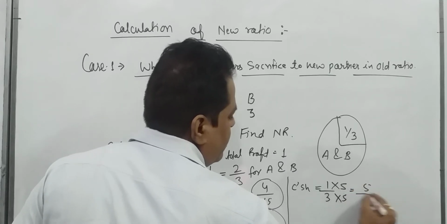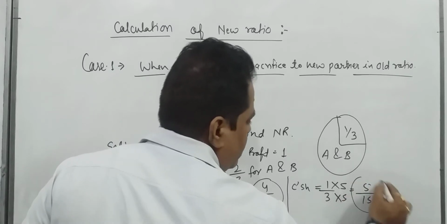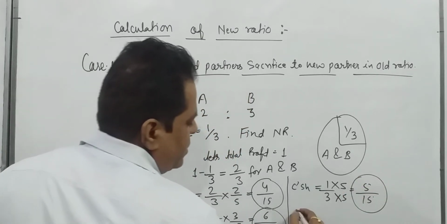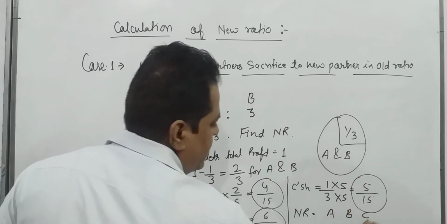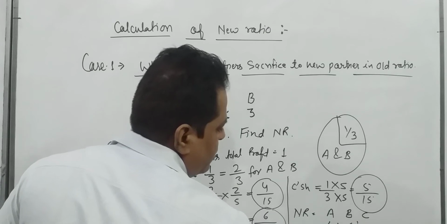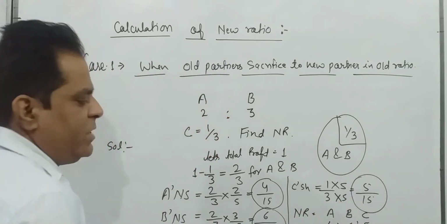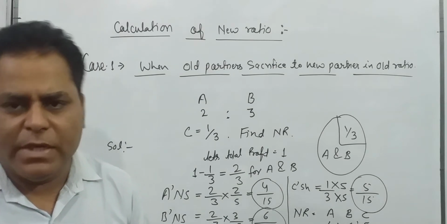So 5 upon 15. Now you can see this is also C's share. So what is the new ratio of A, B and C? 4:6:5. This is the new ratio of A, B and C.